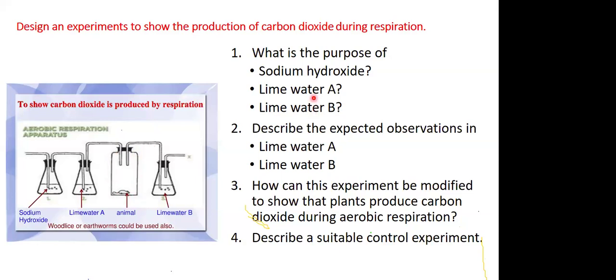Now the question is, why do we cover the bell jar with an opaque substance? If we are going to put a plant there, why don't we just put a plant there and conduct our experiment? Why do we have to do that?